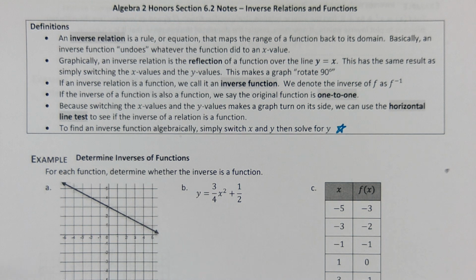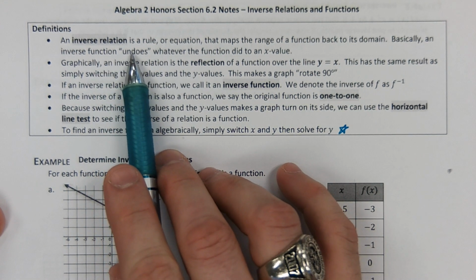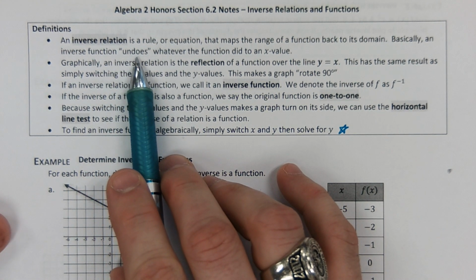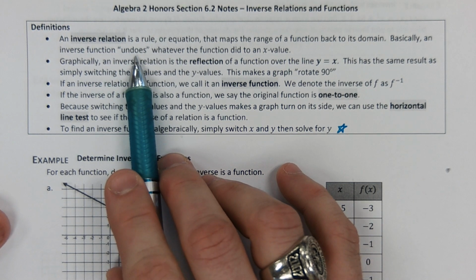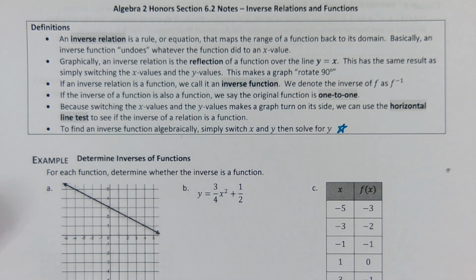What that means is an inverse function will basically undo all of the operations that your original function did to an x value. So your original function might double an x value and then subtract 5. Well, the inverse would undo those operations in the reverse order and give you back what you started with.